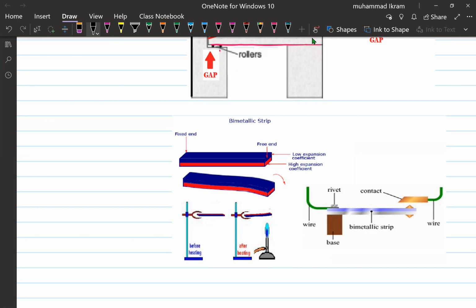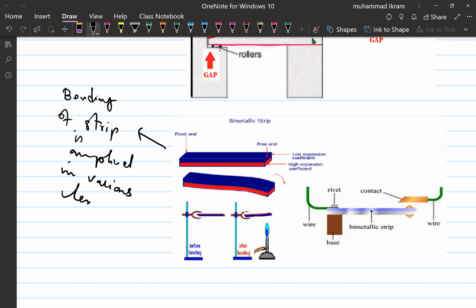So when it is heated, because of this different coefficient of thermal expansion, the bimetallic strip bends. This bending, or curve, of the bimetallic strip is employed in various temperature controlling devices, or can even be used as a switch.